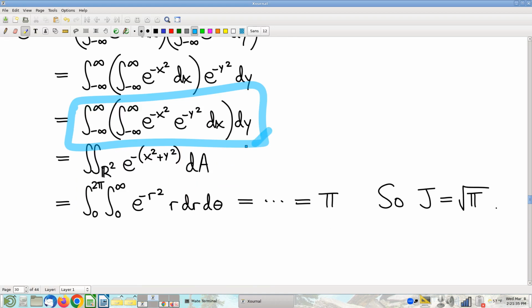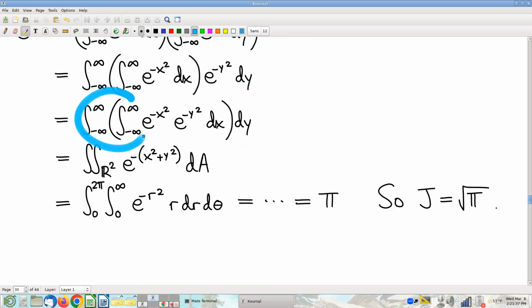The slick move is to observe that I'm apparently doing a double integral over all values of x and y. Namely, I'm doing a double integral over the entire xy plane. And if I'm doing a double integral over the entire xy plane, I can interpret that as r and theta ranging over whatever values I need to sweep out the entire xy plane.